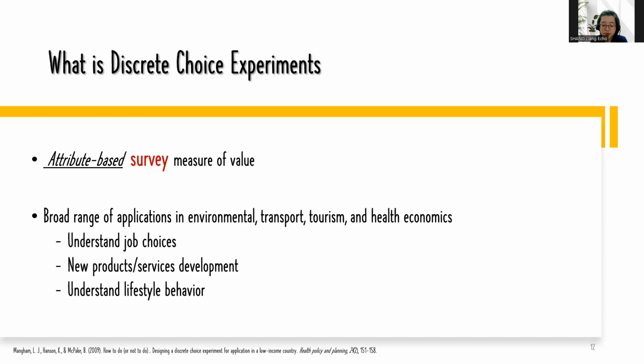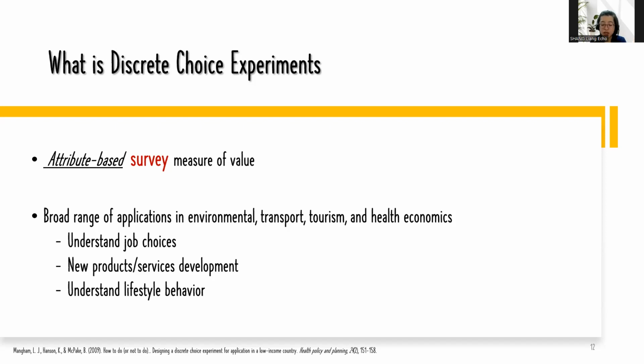This method has been applied to many different fields and to study different topics. For example, to understand individuals' preferences toward different job opportunities, and consumers' opinions and attitudes towards a new product or service.